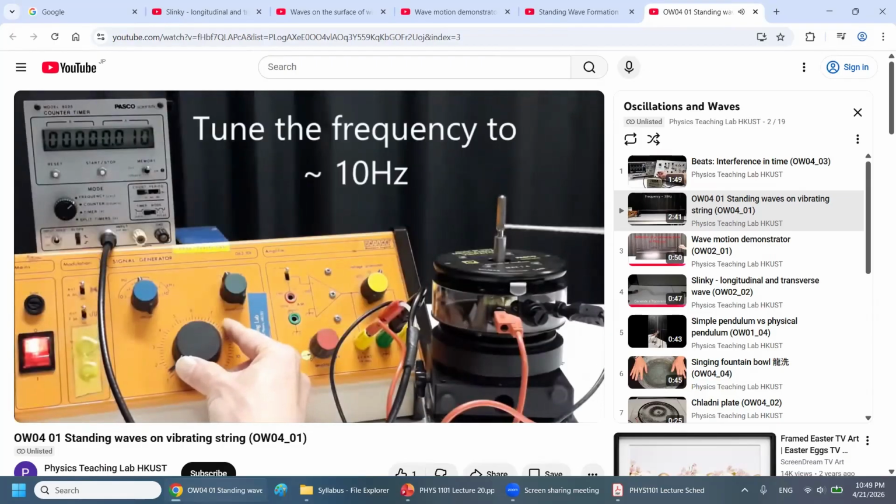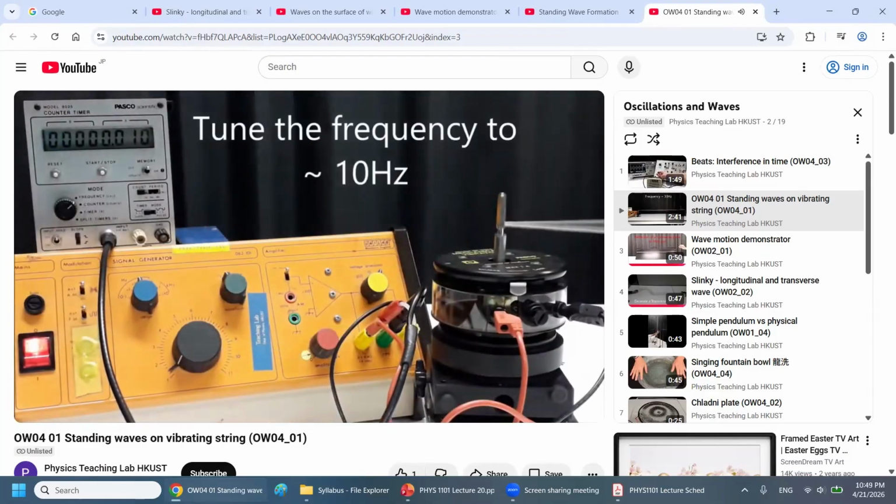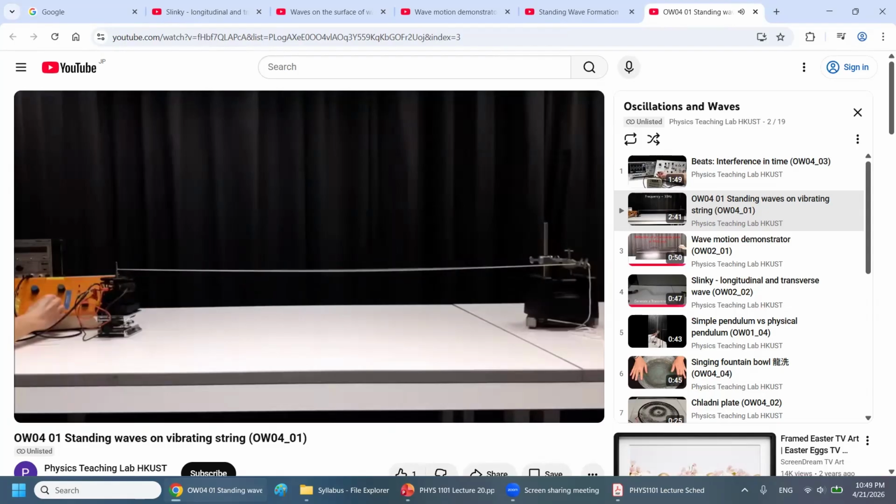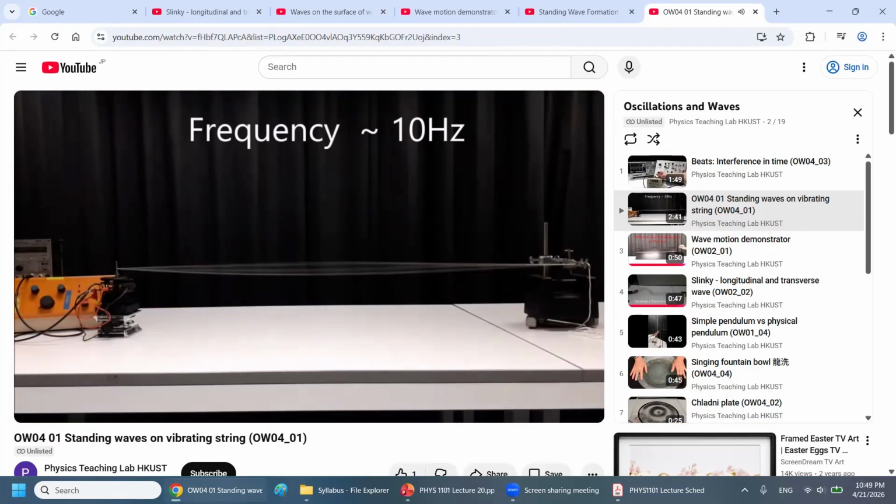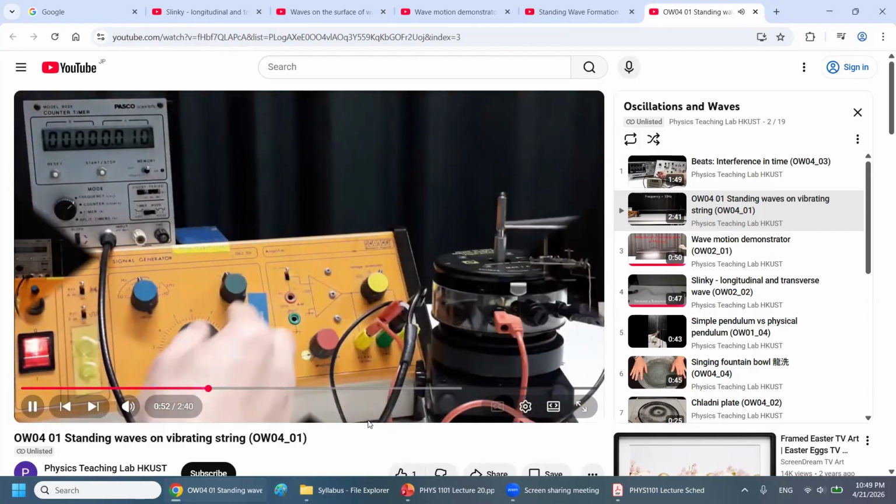We tune to the first harmonic, or the fundamental. We see that there is basically a half wavelength between those two fixed points. There are two nodes at the two sides, and then there is an antinode in the middle, right?